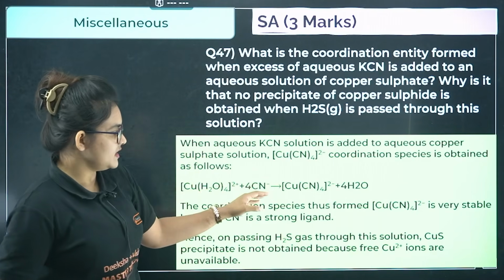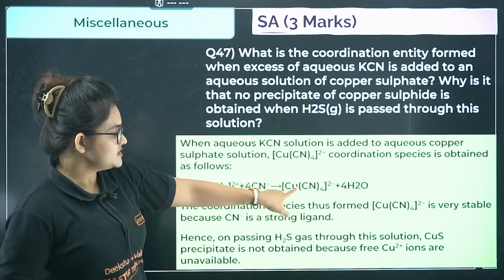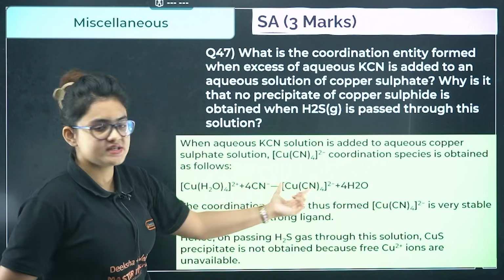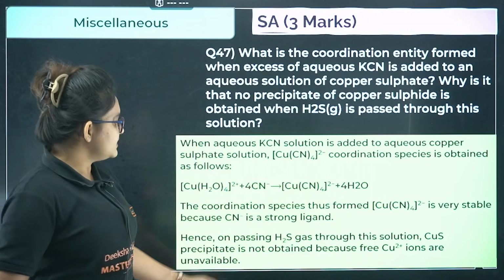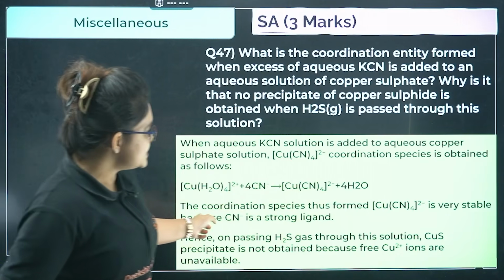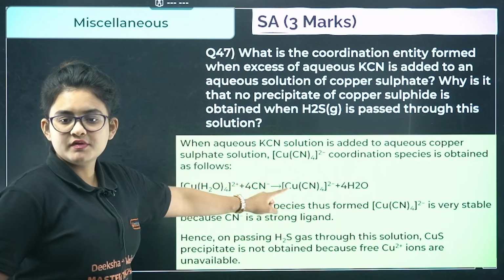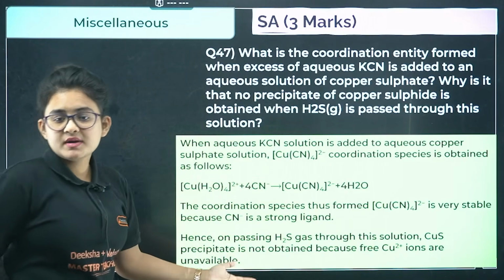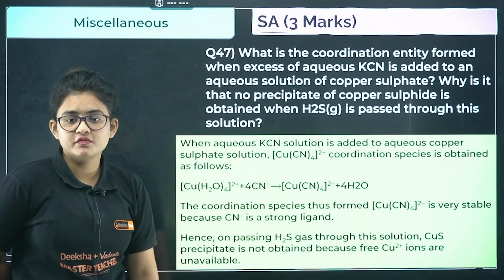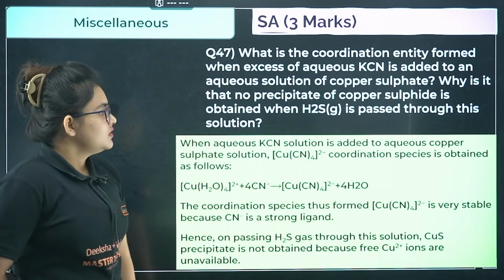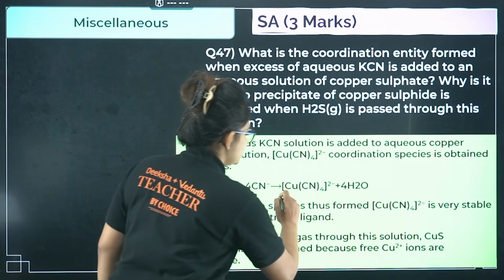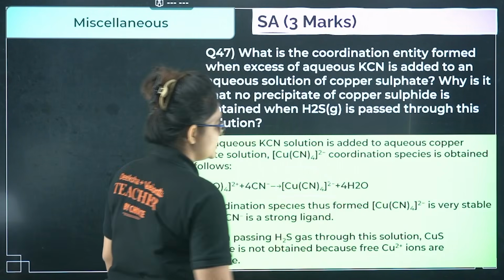If you add excess KCN, CN- forms the complex [Cu(CN)4]2-, where water is replaced with CN. This compound is very stable because CN- is a very strong field ligand. So this is the coordination entity that is formed.